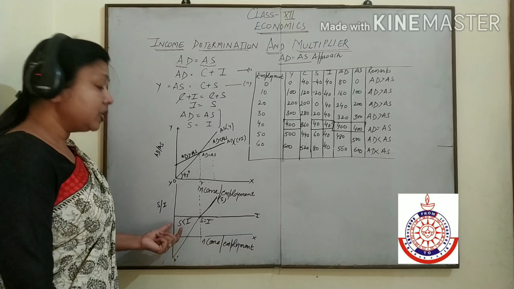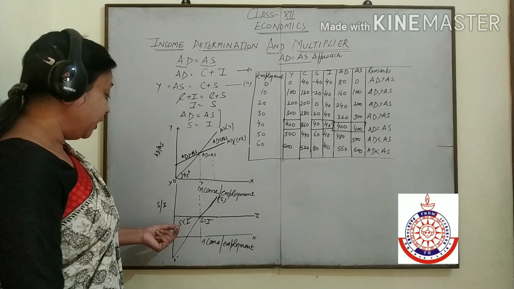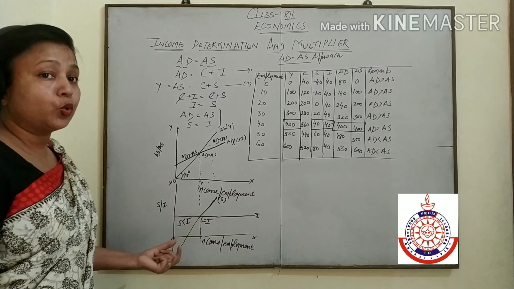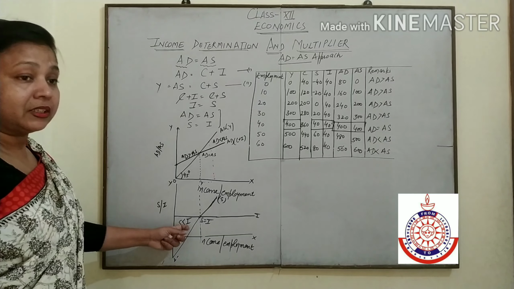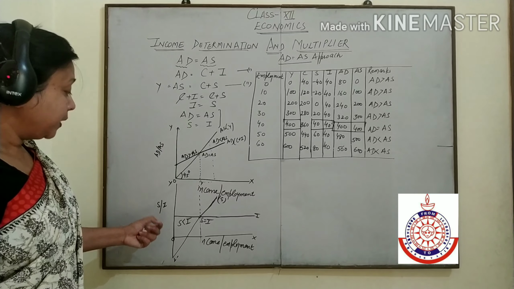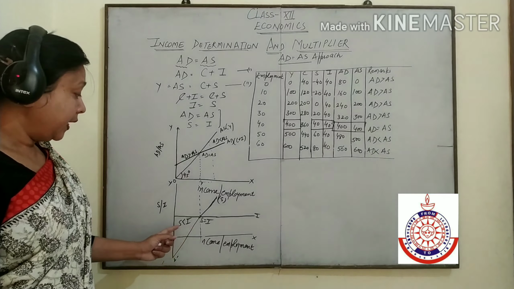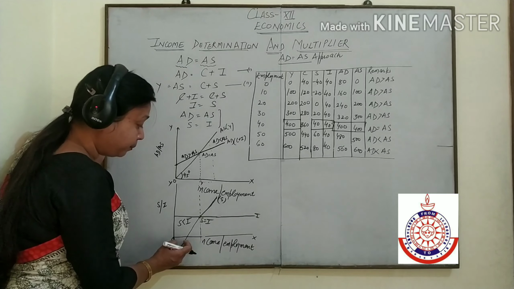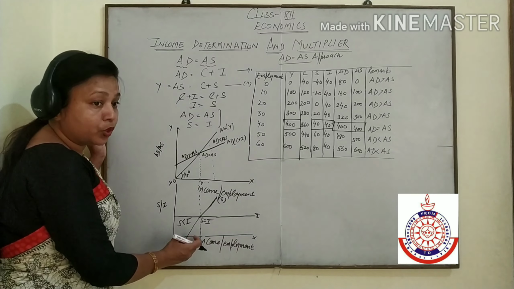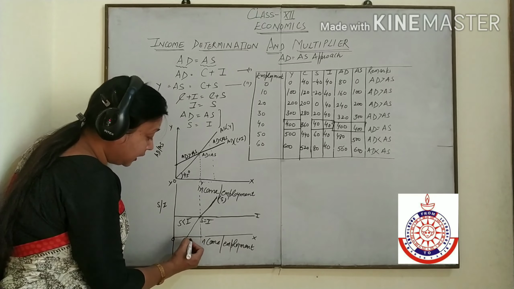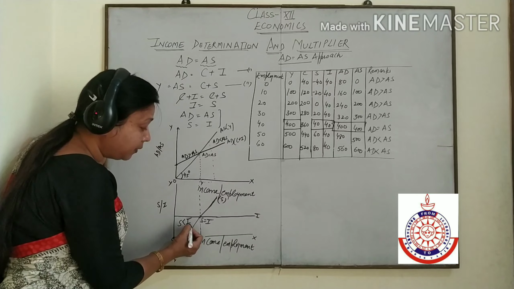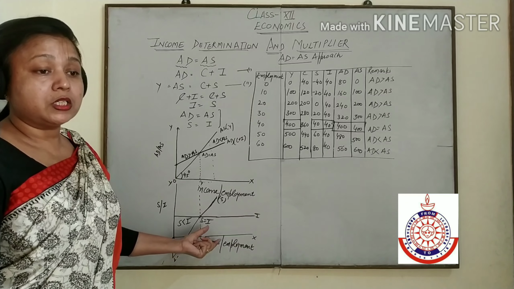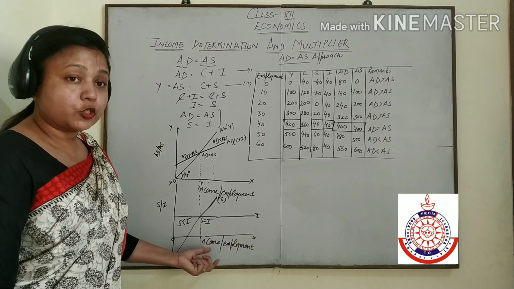If saving is less than investment, it means demand is more, because saving is less and he purchases more goods, and whenever he purchases more goods, then the producer will produce more commodity, and then income will increase, and the same process will continue until saving is equal to investment.